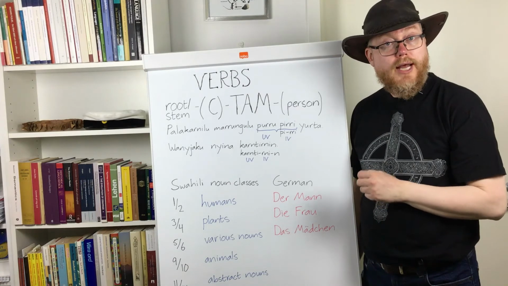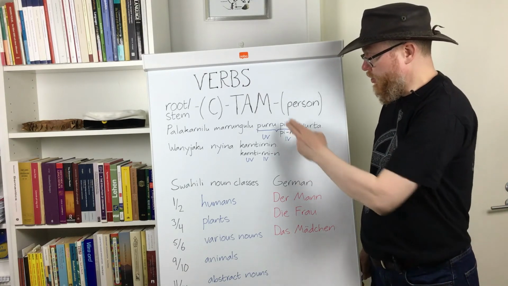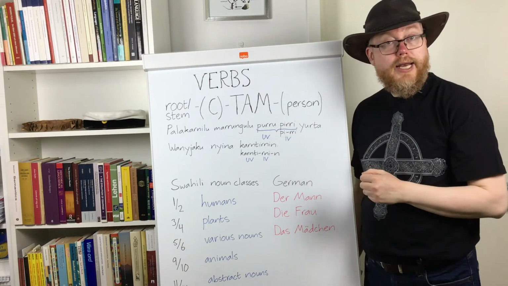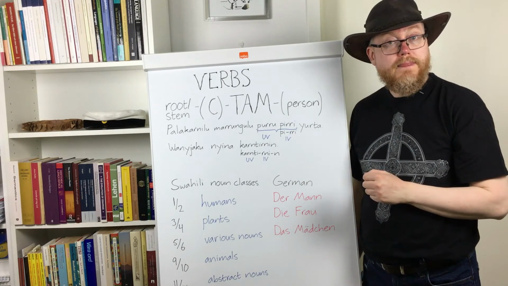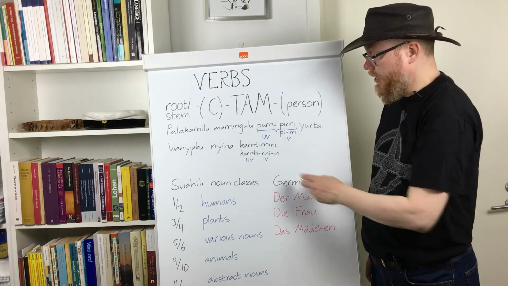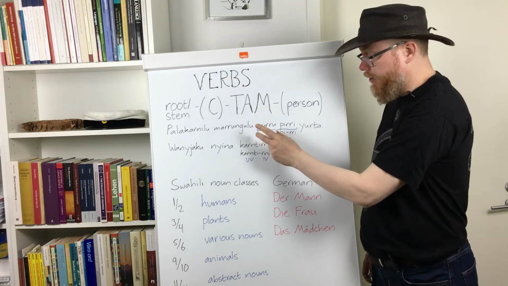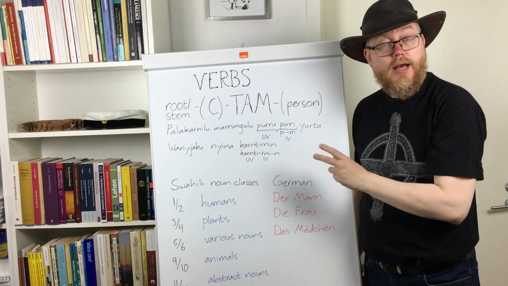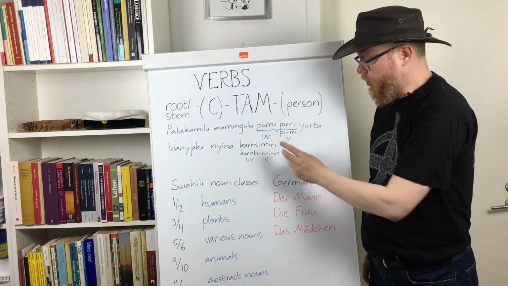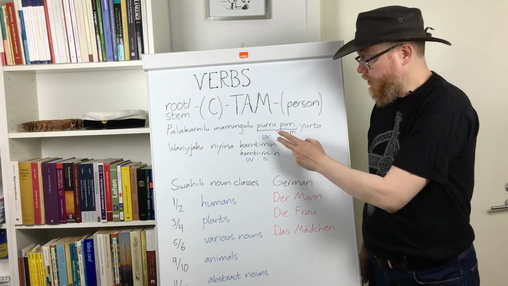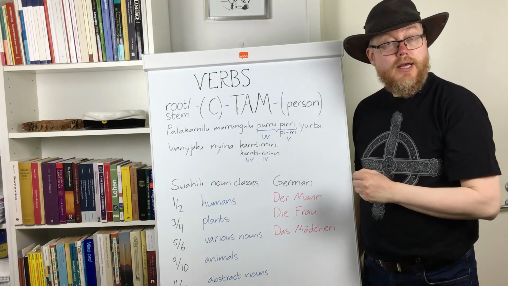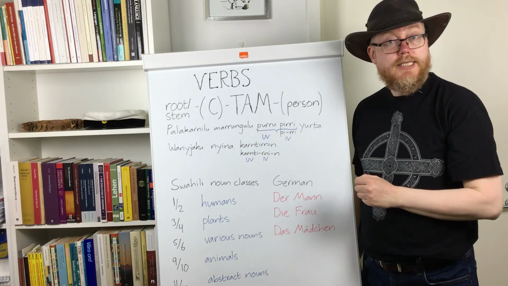In Pama-Nyungan languages there are usually between 10 and 15 inflecting verbs. And the uninflecting verbs usually occur together with a few and only a few of the inflecting verbs, creating different senses.